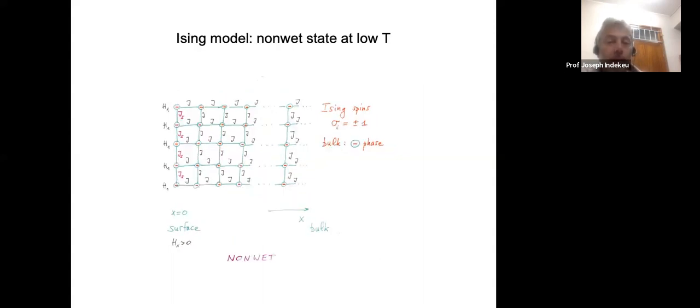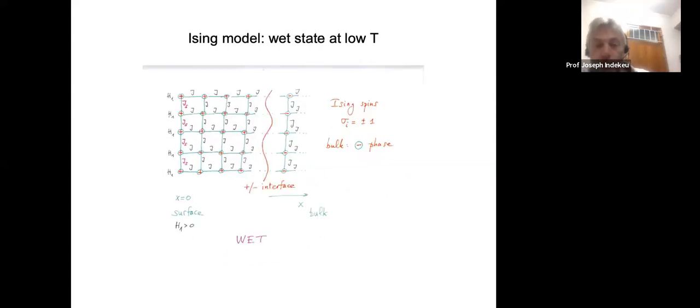So I go back here. This cartoon features a wall minus interface. The next cartoon features a wall plus interface and a plus minus interface.